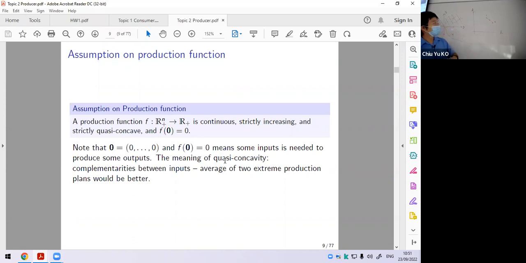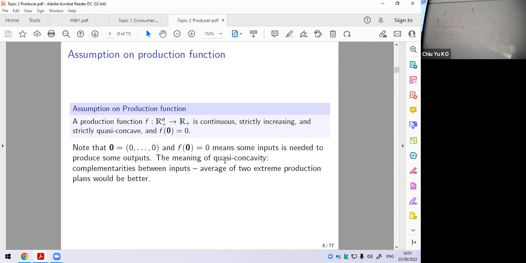That means that when I combine some capital and labor, it's always better than the worst case. So it means that mixing things cannot be worse off. I have some capital and labor, I just find the middle ground, then I cannot be worse off. So that means there's some complementarity. They can work together.